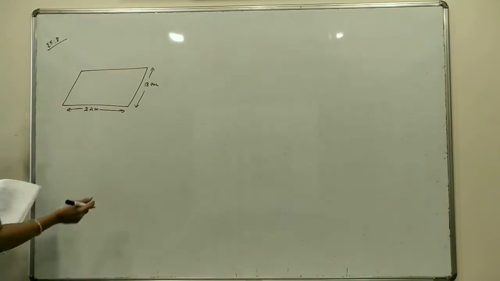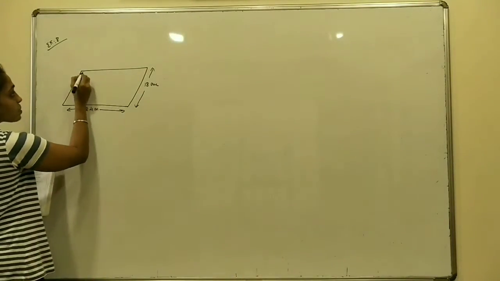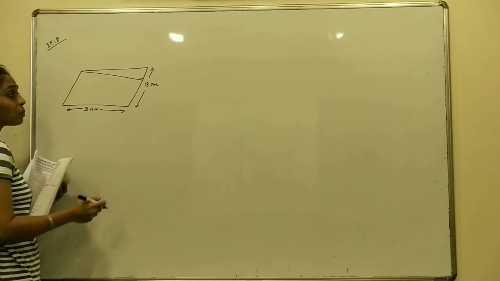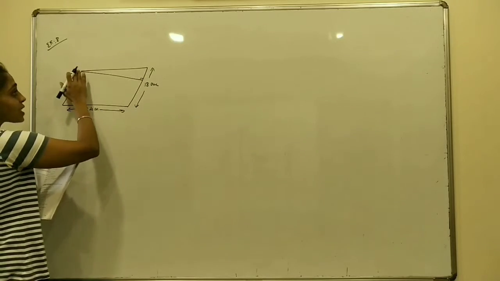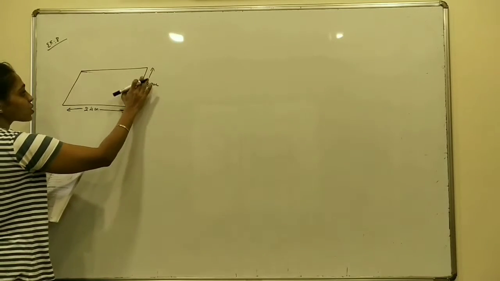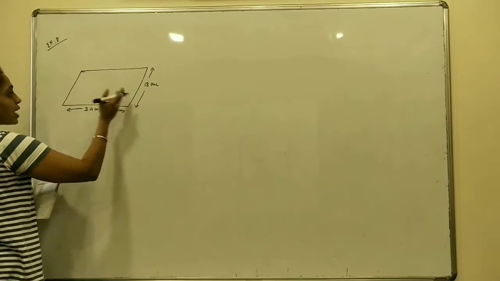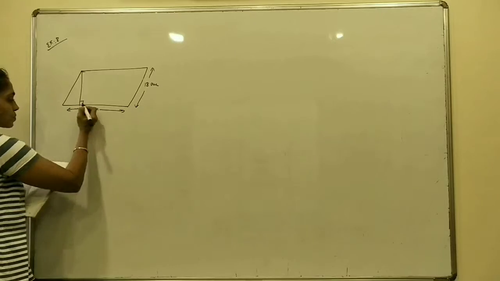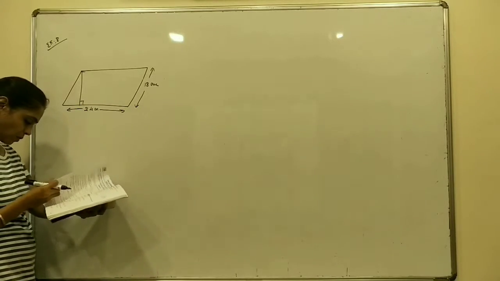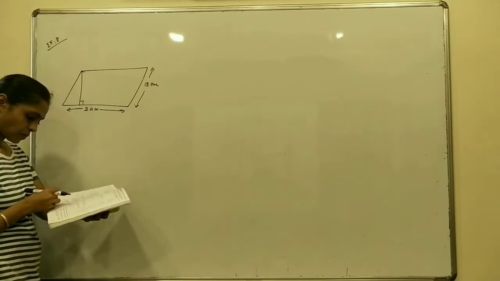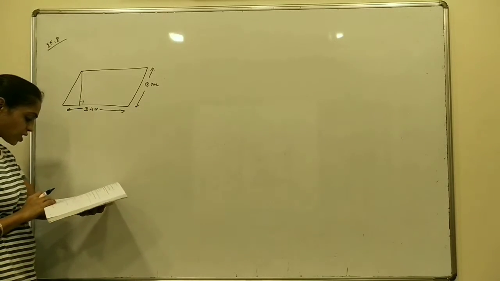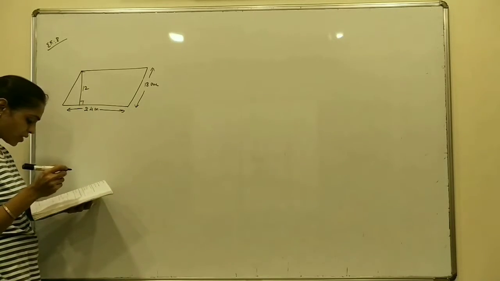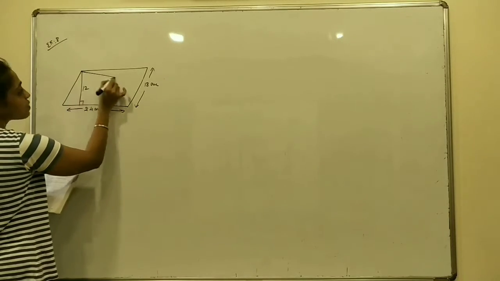If the distance between the longer sides is 12, find the distance between the shorter sides.